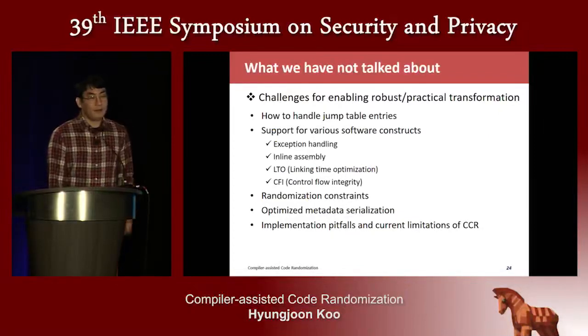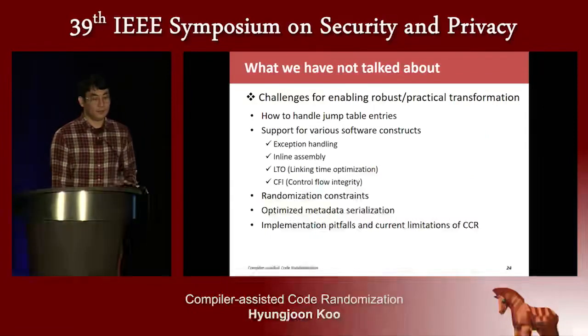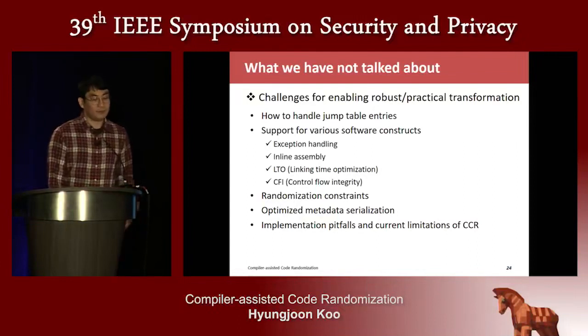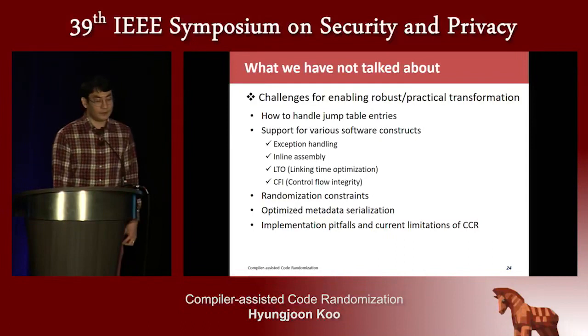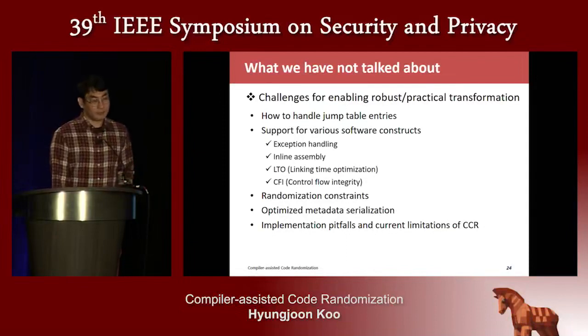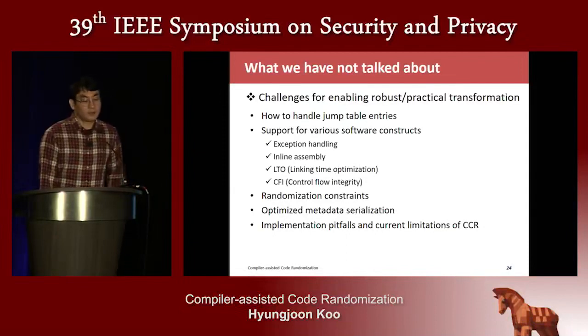There are a lot of topics that we have not covered. We have a lot of challenges for enabling robust and practical transformation. We have not talked about how to support various software constructs, including exception handling, inline assembly, link time optimization, and even control flow integrity.